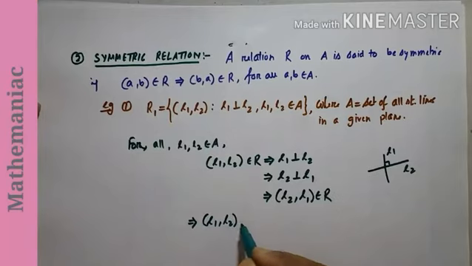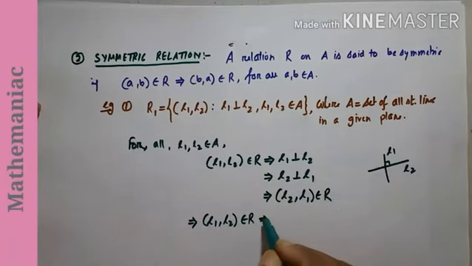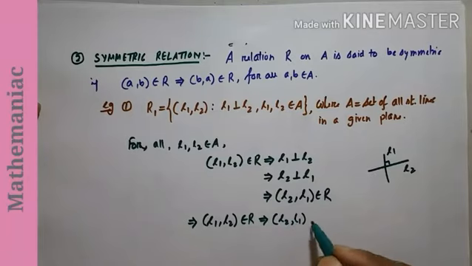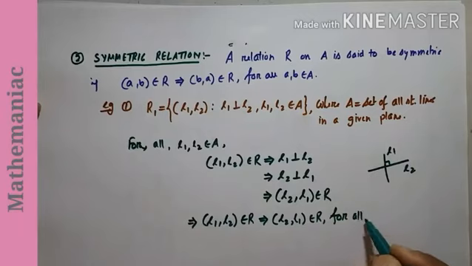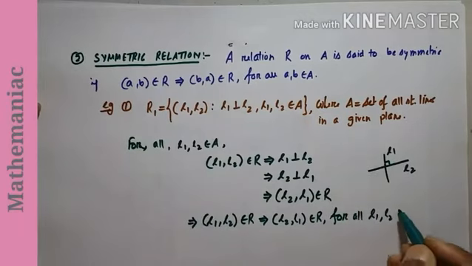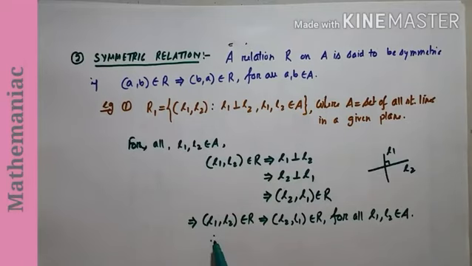(L1, L2) belongs to R implies (L2, L1) belongs to R, and this happens for all such L1 and L2 belonging to A. So what will be your good conclusion? That R is symmetric. So that's a good example of symmetric relation.